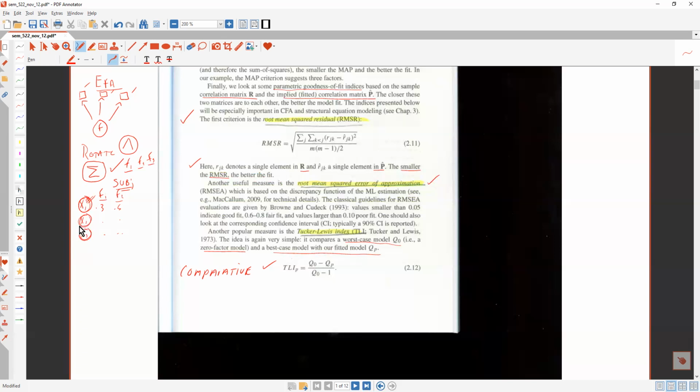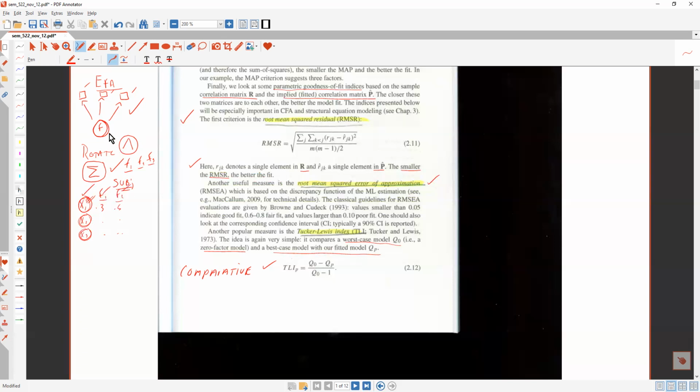Now that, of course, sounds a little bit weird because we're not used to talking about variables like that. But remember, it's the factor structure that's giving rise to the observed variables in the factor analysis model. So it makes sense to think about the observed variable here as a function of the factor solution.